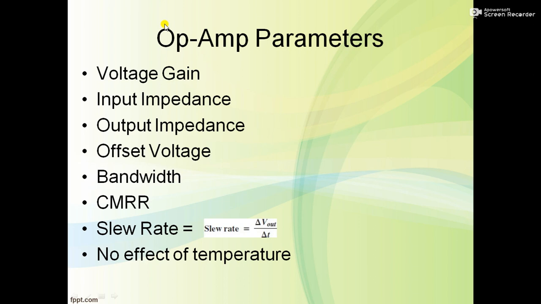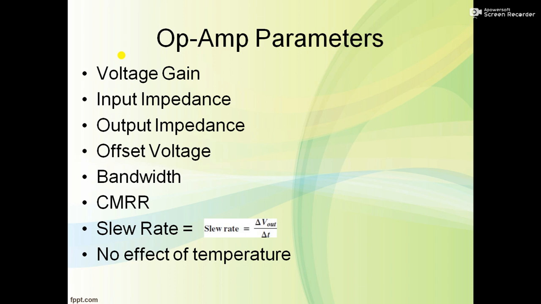Next, we'll discuss the important parameters of the operational amplifier circuit. The first one is voltage gain. What is voltage gain? The voltage gain is the ratio of the output voltage divided by the input voltage.